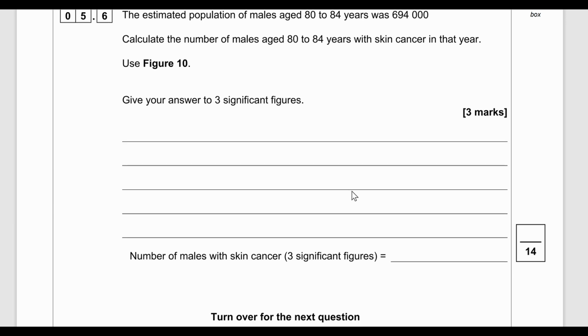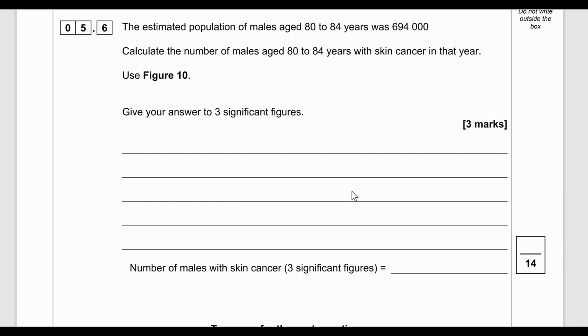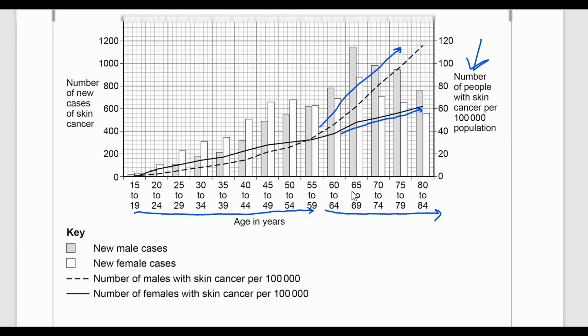5.6. The estimated population of males aged 80 to 84 years was 694,000. Calculate the number of males aged 80 to 84 years with skin cancer in that year. Use figure 10. Give your answer to 3 significant figures. So they've told us specifically where we need to look on our graph.